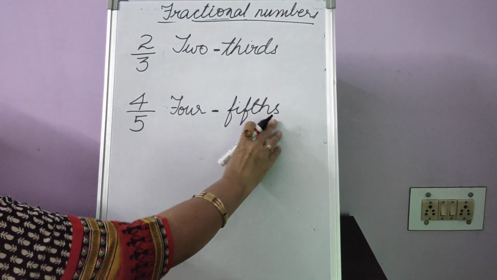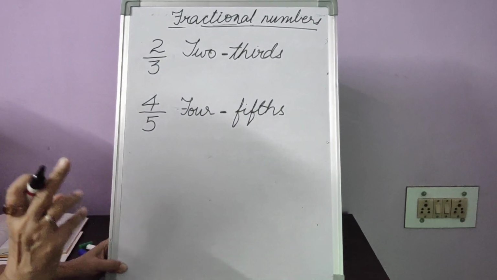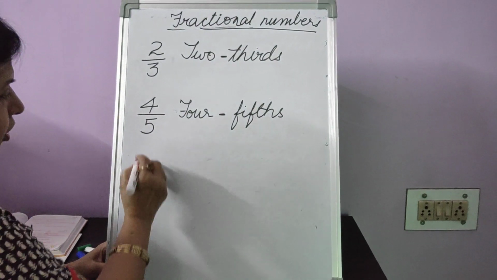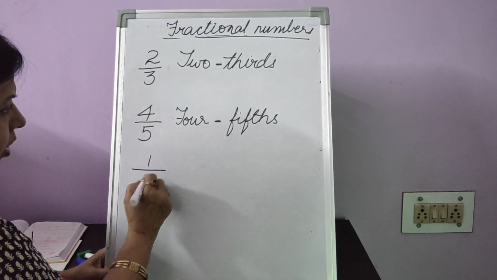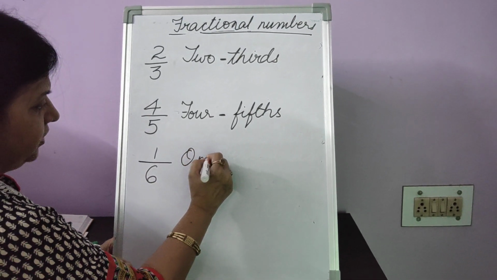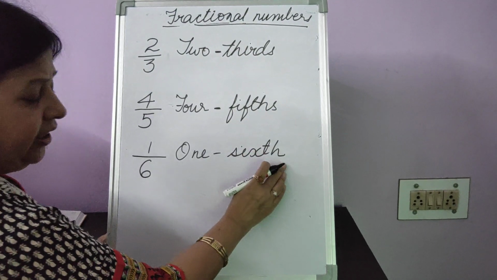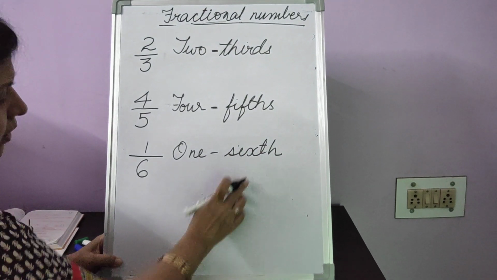S is always written. So it becomes 4-fifths. But we leave out the S when the denominator is 1. Now if it is 1 upon 6, we will not write 1-sixths. We will write 1-sixth.